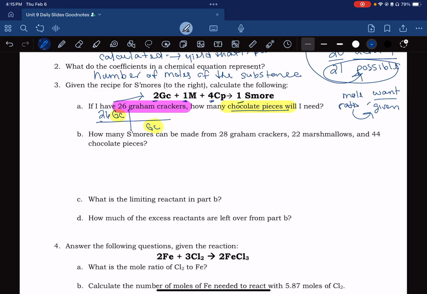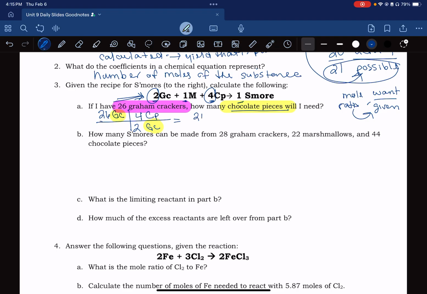Since chocolate pieces is what we're trying to get to, we leave it up here. Now we just use our balanced equation to find what to put for each. We have 4 chocolate pieces and 2 graham crackers. So for every 2 graham crackers, we need 4 chocolate pieces to make a s'more.